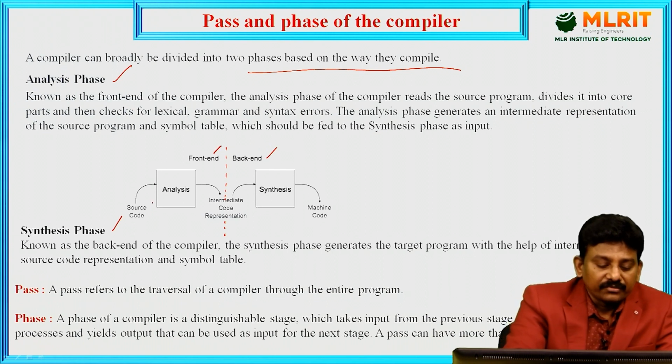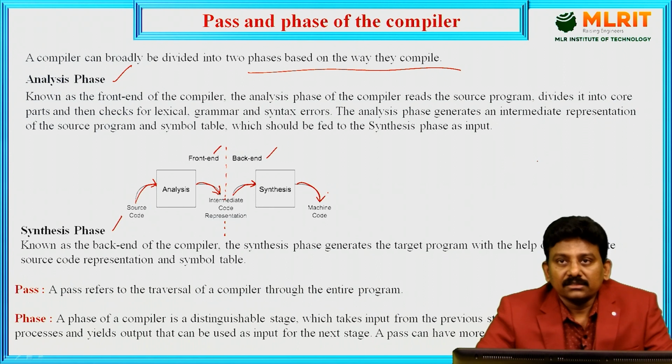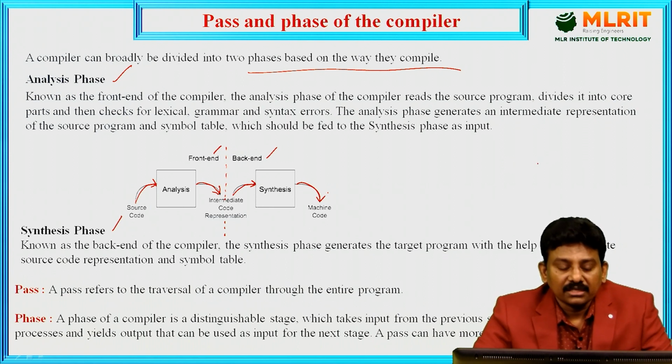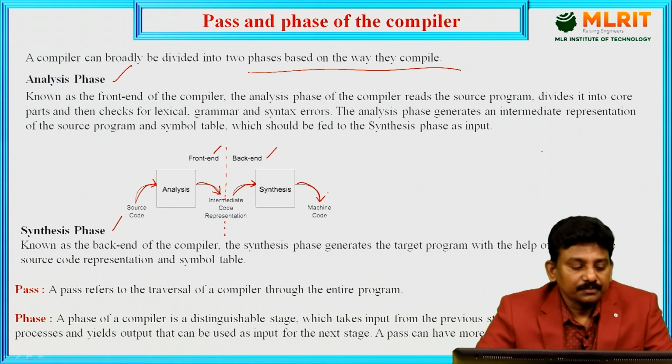The analysis phase takes the source program as input and gives the intermediate code representation as output. The synthesis phase takes the intermediate code representation as input and gives machine code as output.